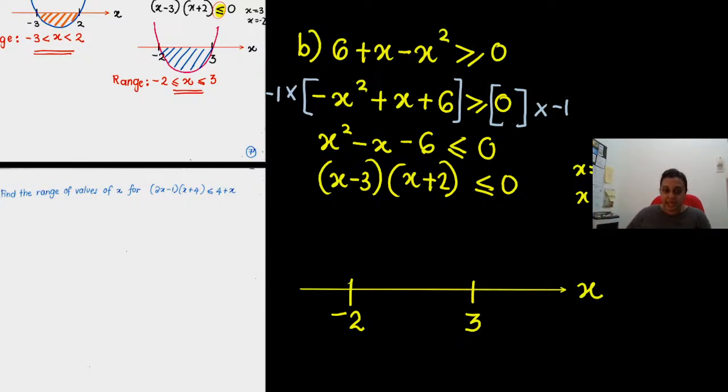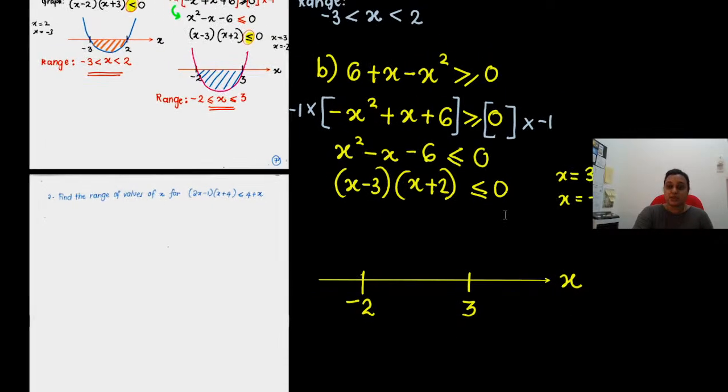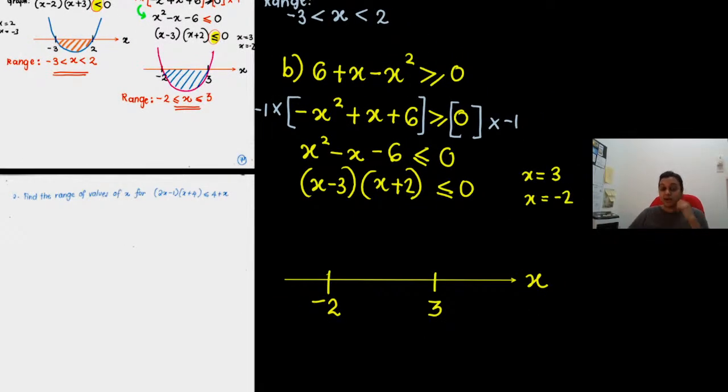Okay, then from here, now this inequality sign got the equal to. Okay, so since got equal to, when you draw the circle, you have to color it. Okay, like for example, -2, I'm going to draw a circle on top of it. We color the circle. Okay, smaller than 0, that means it must go to the left hand side.